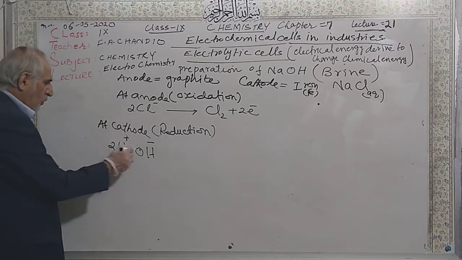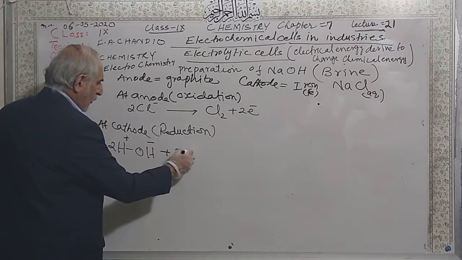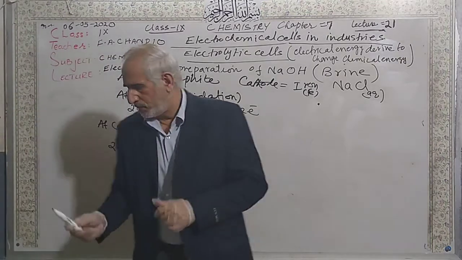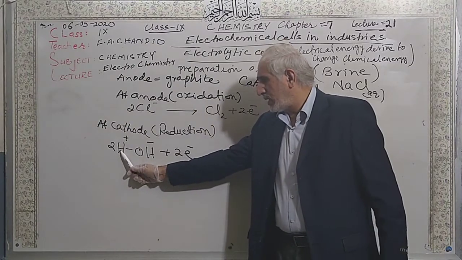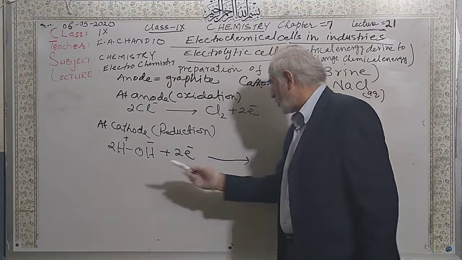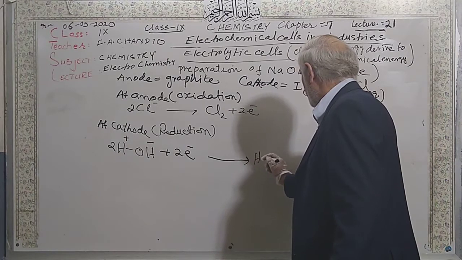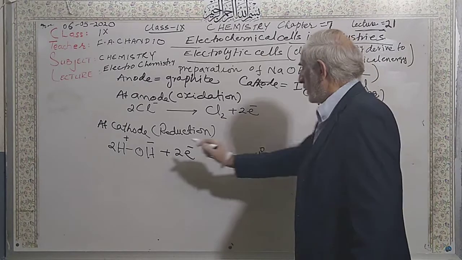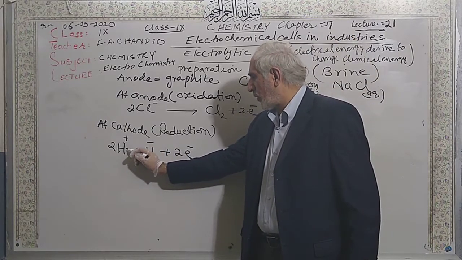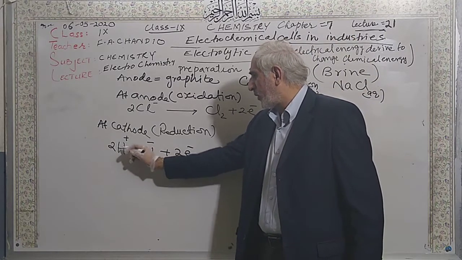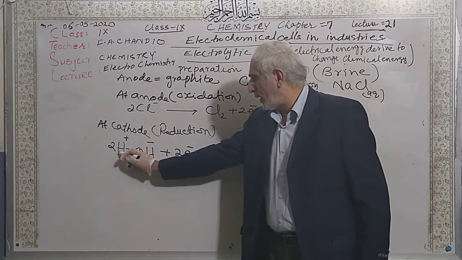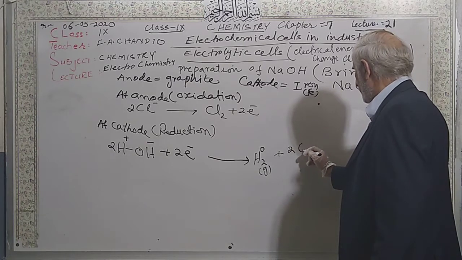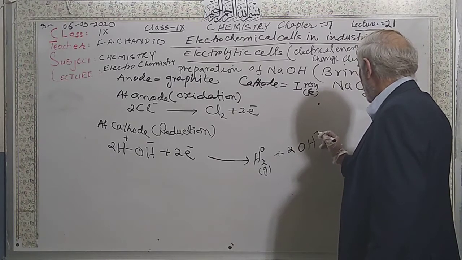So 2 molecules of water by gain of 2 electrons, these hydrogen ions are going to be reduced to give hydrogen gas. The bond between hydrogen and hydroxyl ions in water is broken, so 2 hydrogen ions make hydrogen gas, and hydroxyl ions remain in the solution.